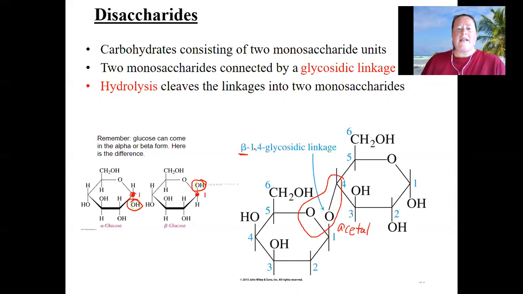So this is a beta 1,4 glycosidic linkage, and what that means is the number one carbon is linked to a number 4 carbon. Actually this one happens to be a beta and this one happens to be an alpha, but it is the beta linkage, or it's the beta portion of this that's involved.